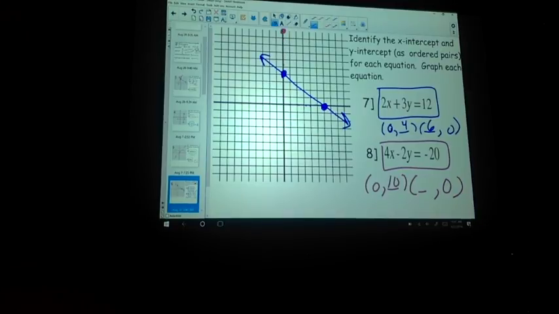Uh-oh. 10, way up there. All right, so this is a y value. So I'm going to cover this up. 4 times x equals -20. So 4 times what number gives me -20? -5. If your line doesn't go through the dot, you just make your dot bigger.